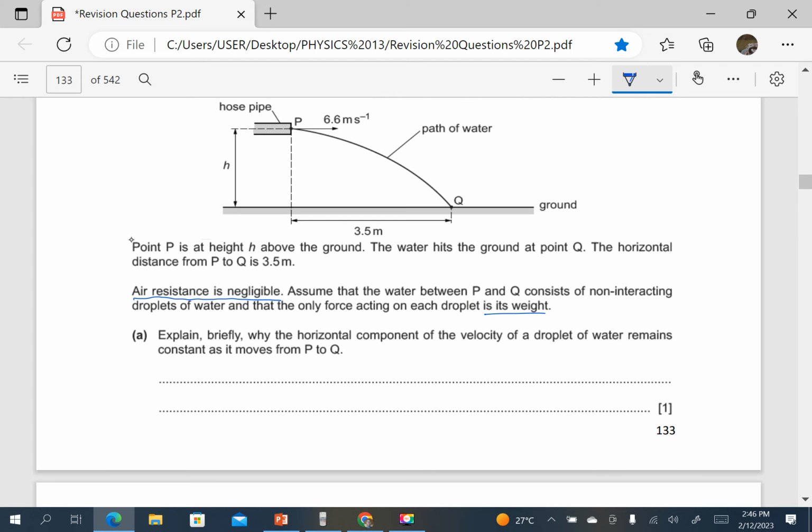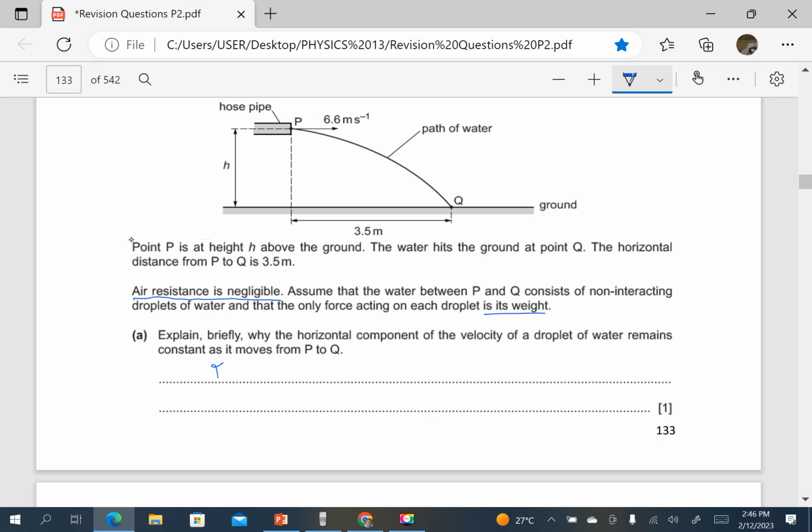Explain briefly why the horizontal component of the velocity of the droplet of water remains constant. So velocity remains constant in the horizontal because the acceleration is zero, and the acceleration is zero because there is no force in the horizontal.